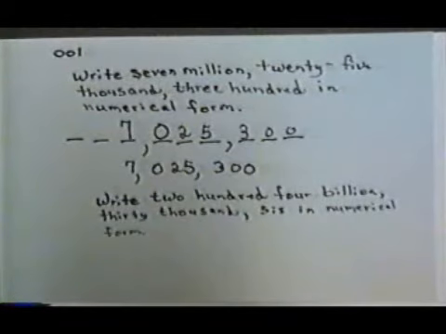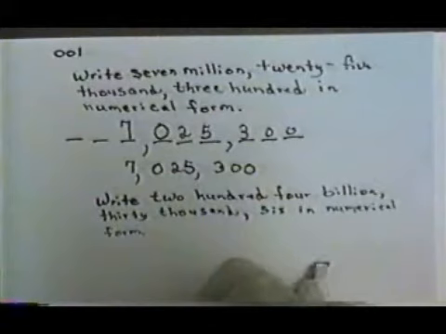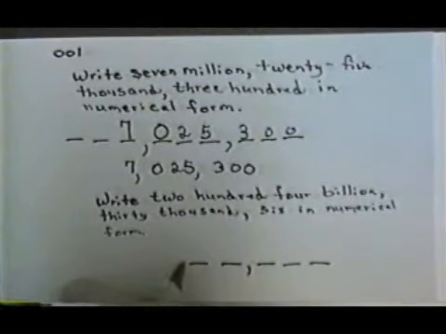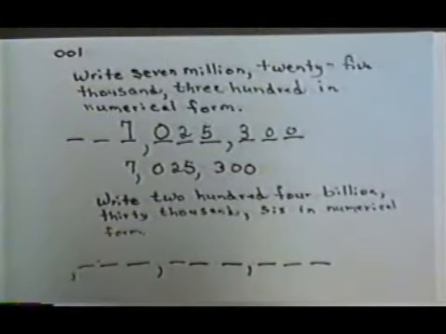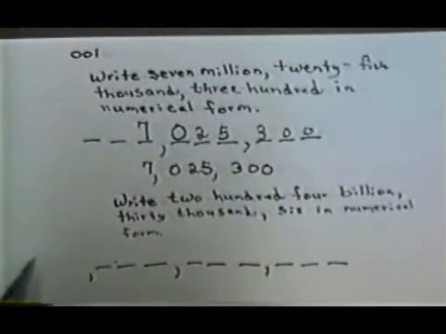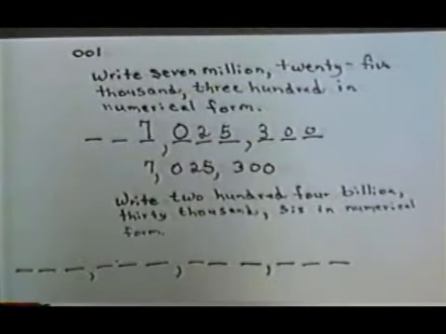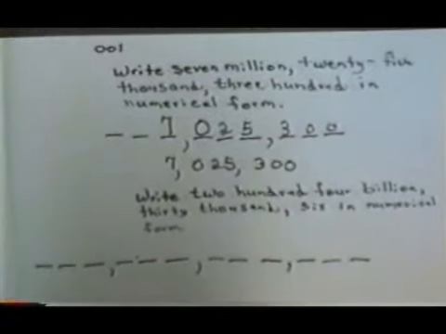Remember, the first group doesn't have a name, so let's put the first group. My second group is my thousands. My third group is my millions. And my fourth group would be my billions. I had to run out of room here, spreading these little spaces out too far.